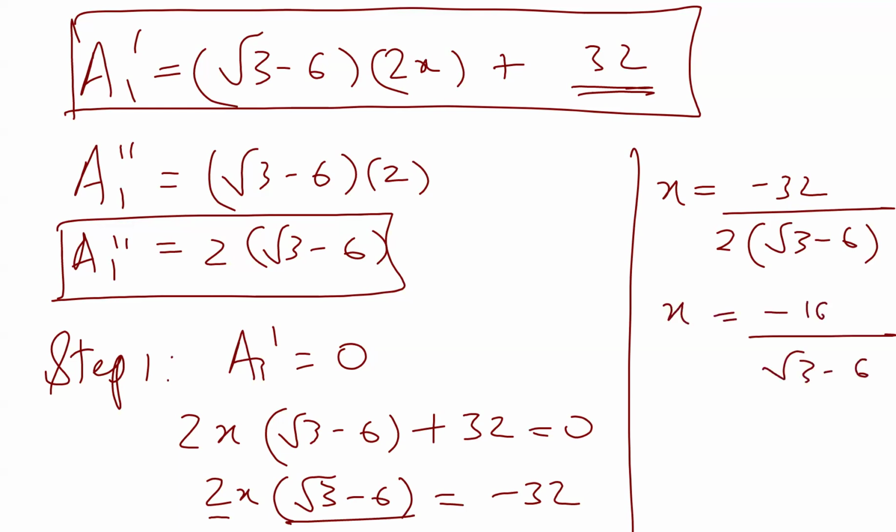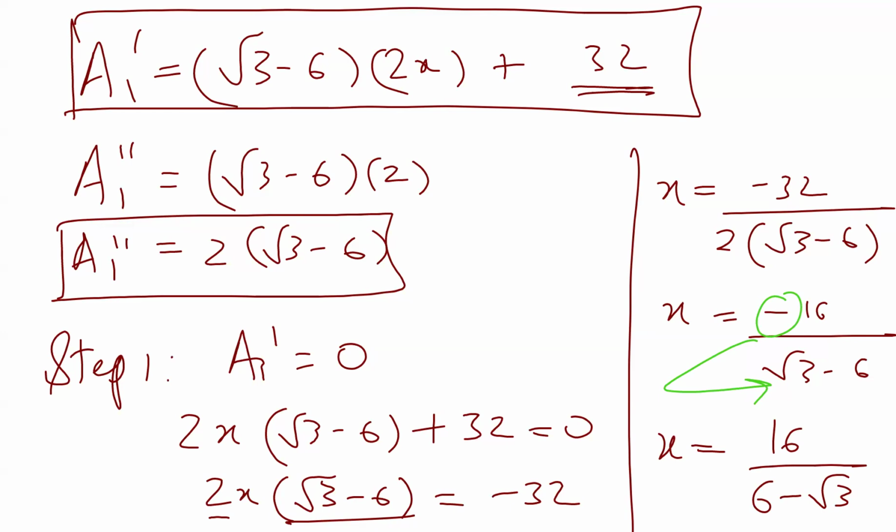Now x is a side, it cannot be negative. So x is 16 upon 6 minus root 3. The minus sign over here, I'm taking it down in the denominator, so this reverses to 16 upon 6 minus root 3. Now if you calculate this using a calculator, it will be 3.75.